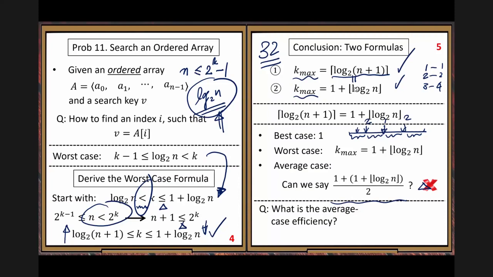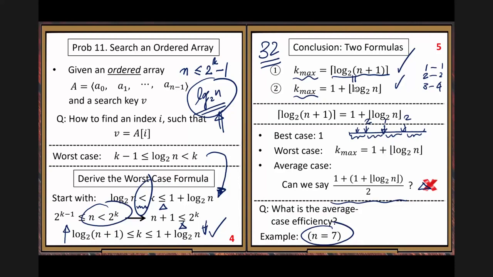Although we can do it, the formula takes quite some time. But here I want to do a simple example to show you the main idea for the average case: calculate the average case efficiency for binary search, but we just consider n equals 7.